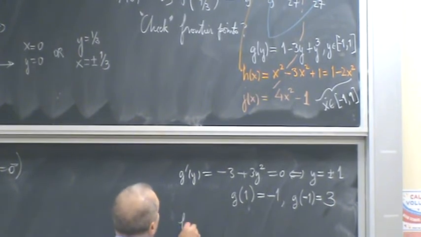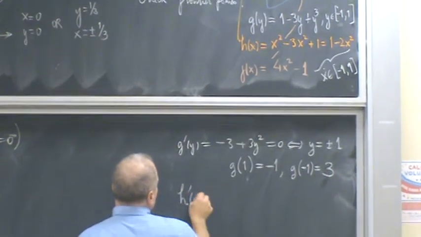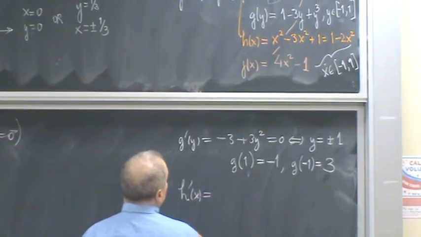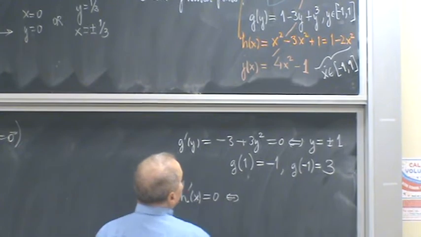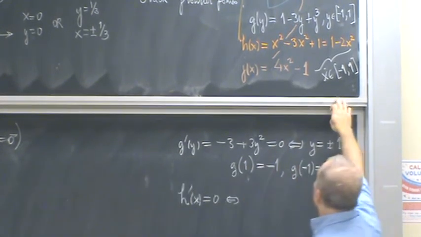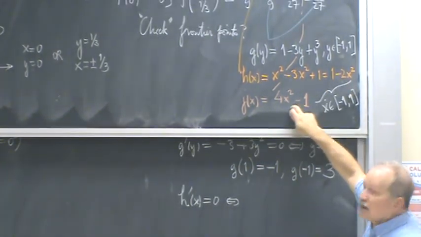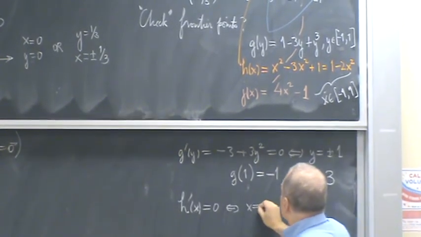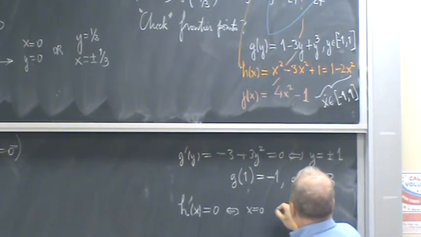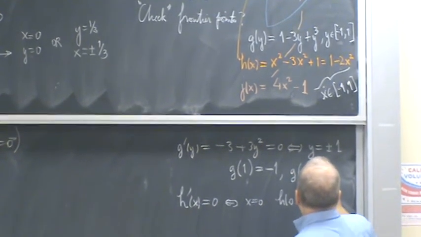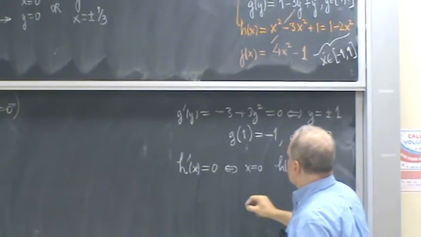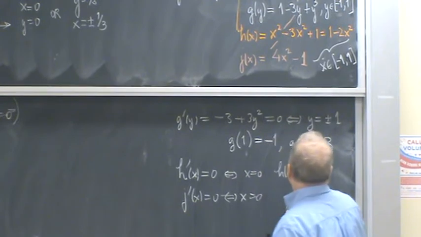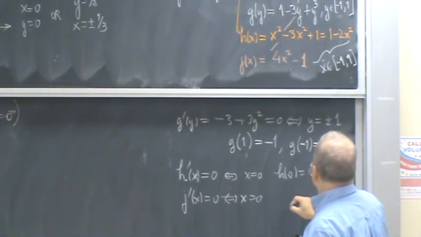Wait, what about h? H prime of x is negative 4x. What are the critical points of both of these? X equals 0. So at 0, we have 1, and at 0 for j, we have negative 1.